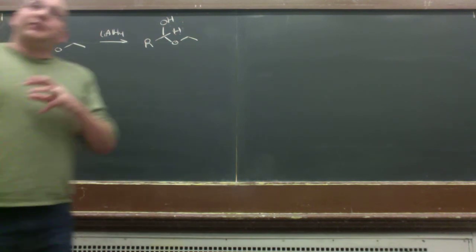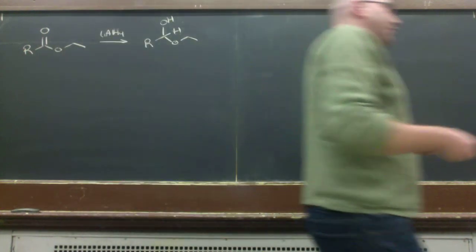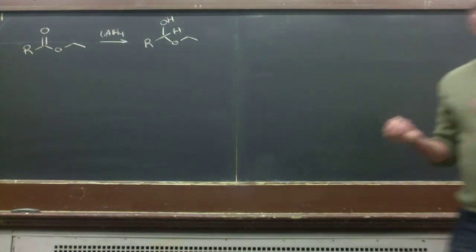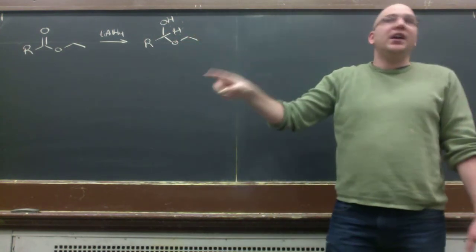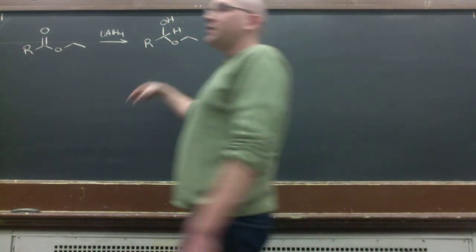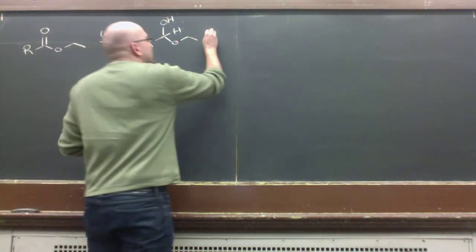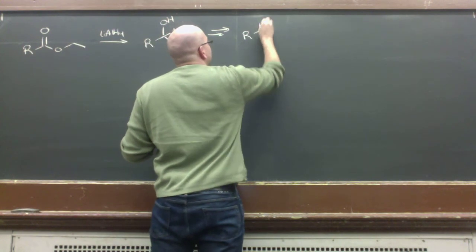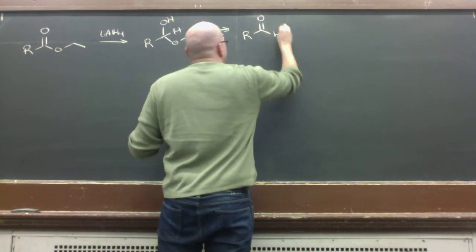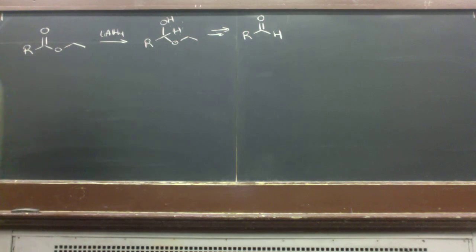And what we discussed, as we were discussing condensation chemistry, was that this is not going to be a stable intermediate. This is a hydrate, and a hydrate is going to rapidly break down, and what's going to end up happening is we are going to get to an aldehyde. As we also learned last week, aldehydes are far more reactive at reducing than, say, an ester or a ketone.